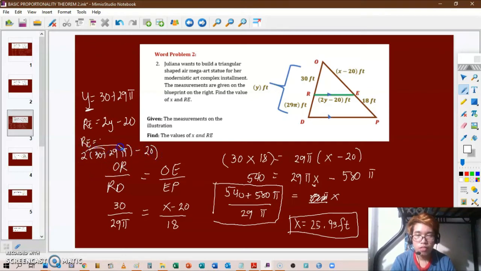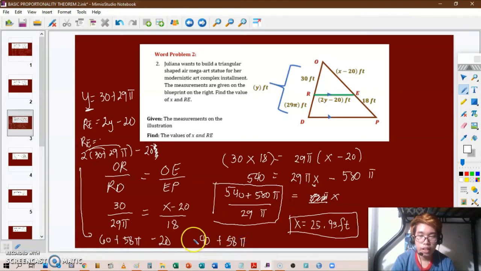So that's going to give you 60 plus 58 pi, and then we just remove that parenthesis, minus 20. So 60 minus 20 will give you 40, plus 58 pi.